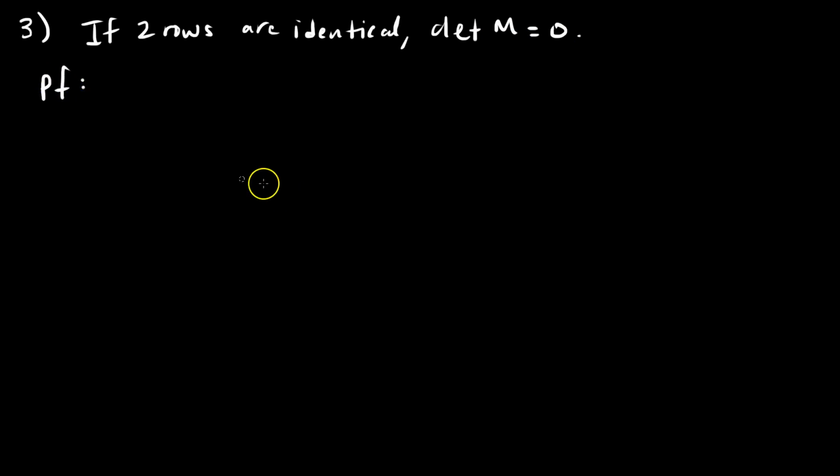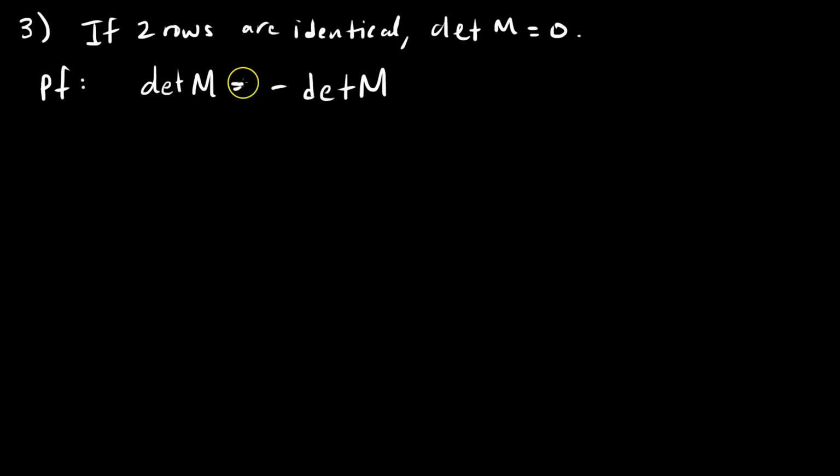What's the proof of that? Well, if we go back to property 2, it was that if we flip two rows, then the determinant flips sign, right? But if two rows are identical, then the determinant of M must be equal to the negative determinant of M. Because if two rows are identical and we flip them, they're still going to be the same thing, right?